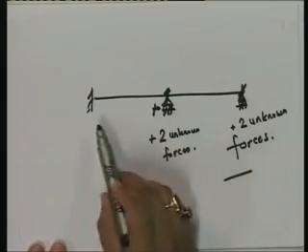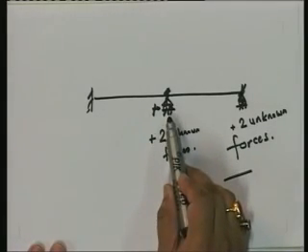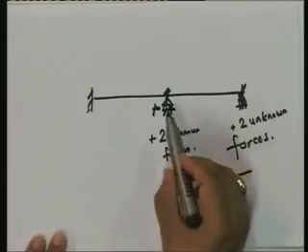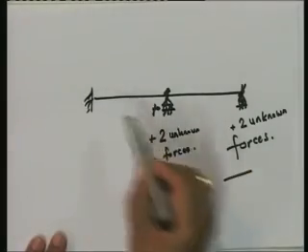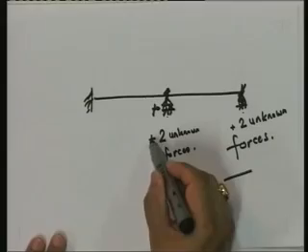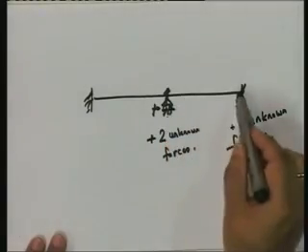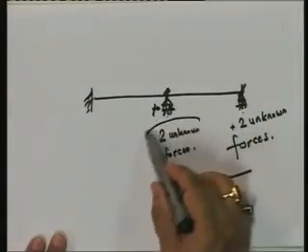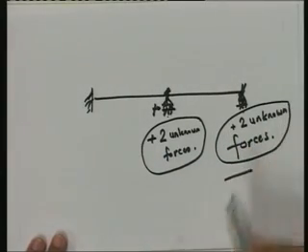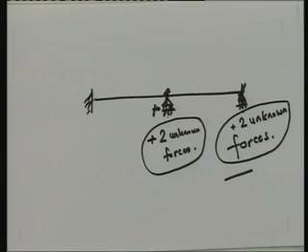In other words, I had a structure, let's say it was fixed at this end, roller here, roller here. Now to make it into a fixed, I've added 2 unknown forces here, and I've added 2 unknown forces here.